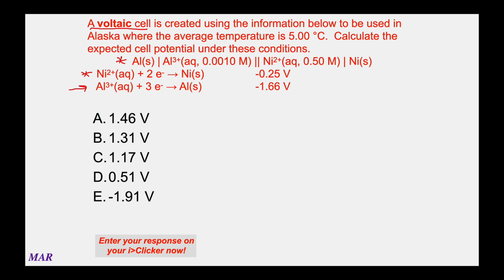I'm assuming you've had a chance to work on it and you want to talk about the answer, so let's do it. The Nernst equation is for non-standard conditions: E equals E naught minus RT over NF natural log of Q. You do need E naught.